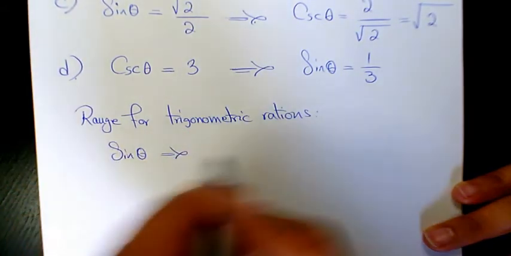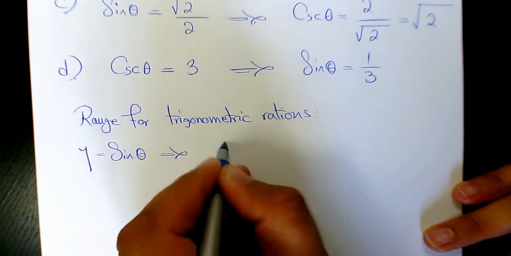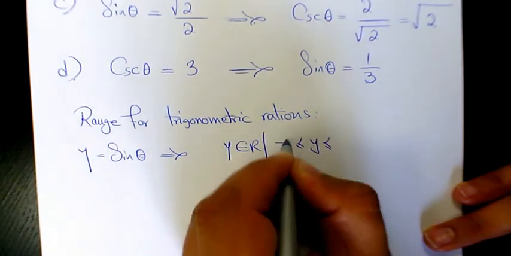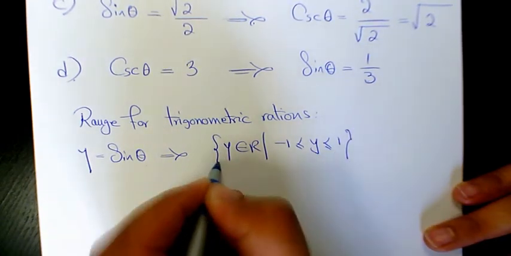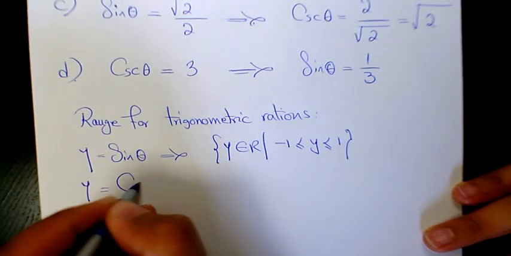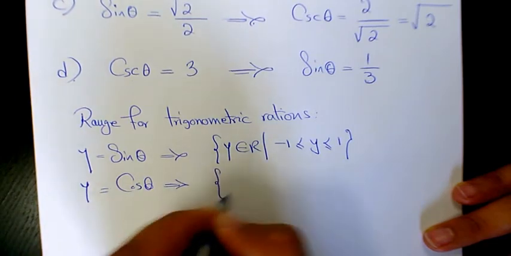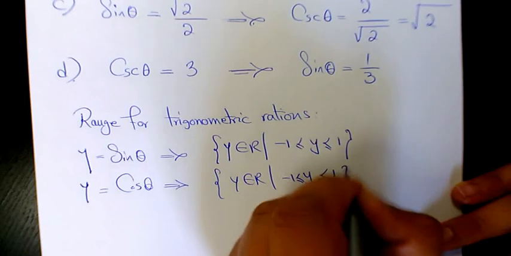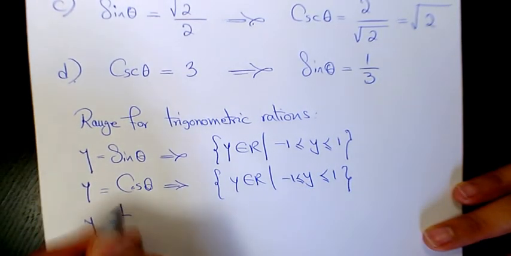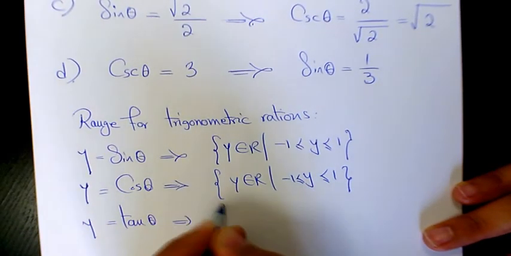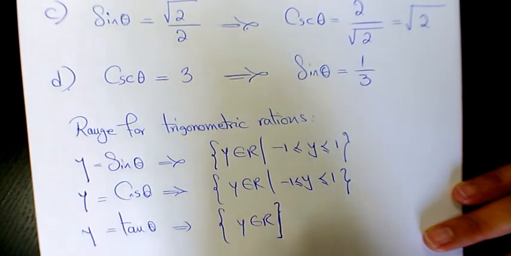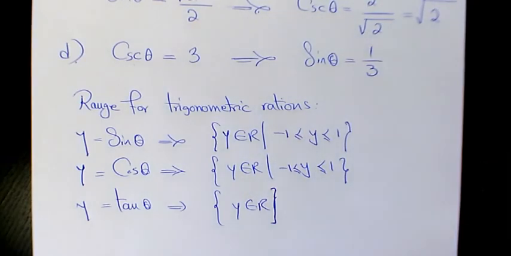The range: y is between -1 and +1, inclusive. For y equals cosine theta, y is between -1 and +1. And for tan theta, the range is all real numbers. There is no limit. It can be any real number.